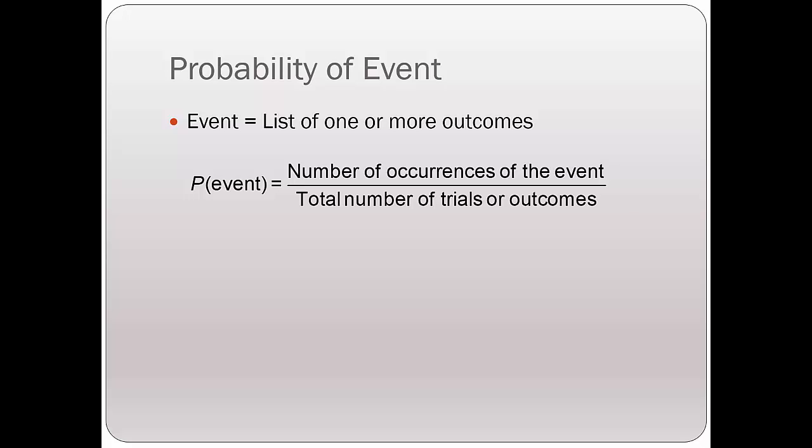The probability of an event is then given by the number of occurrences in the event, the number of ways in which the event can happen. If the event is an even number on a roll of a die, there are 3 ways in which you can get that outcome. Divide by the total number of possibilities. There are 6 possibilities, out of which 3 define the event. So you get 3 over 6 equal to 0.5. So that's the probability of an event.